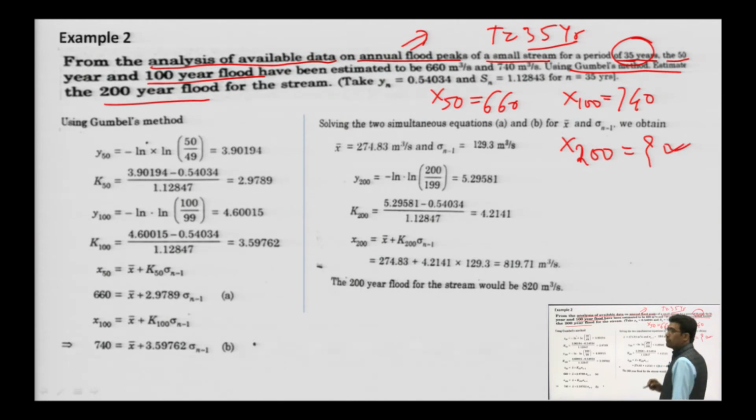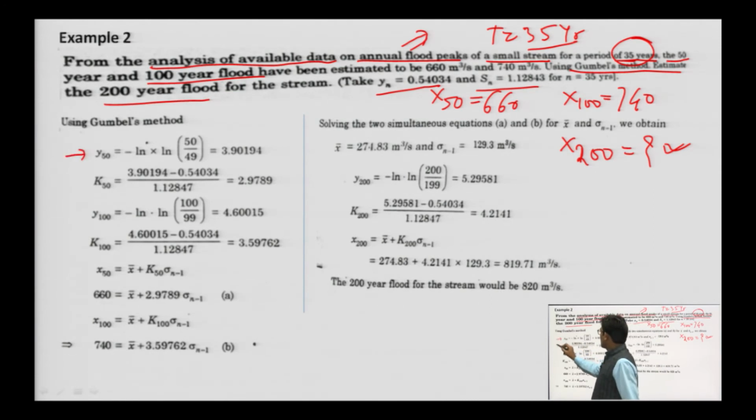That we need to find here, and in this question y n and s n are given also, so the calculation will be a little bit simple as we did in the previous example. Let us calculate y 50, it is the double log of this one. So, y 50 value comes to be 3.90194. So, k 50 can be calculated.